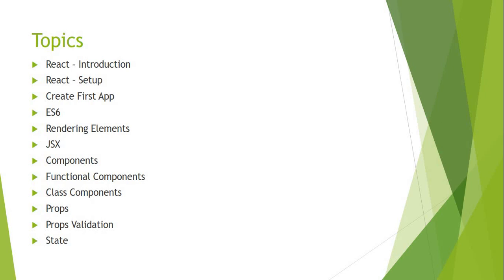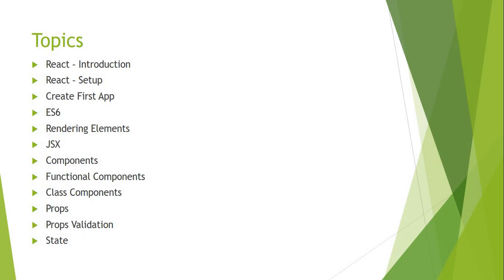So we will also demonstrate these components as well. We will also discuss props, what props are, how to validate different props, and we will also discuss how we can change the state of your application, or how to notify your component that the component value has been changed, or that another component changed its values.